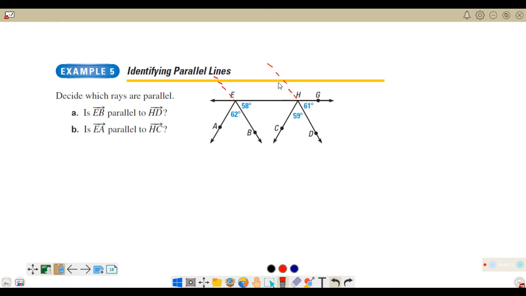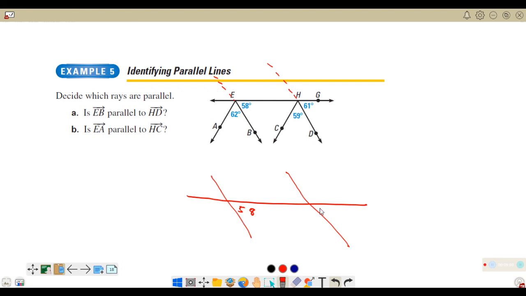Meron tayong 61 for the... Sulat ko siyang ganito ha, para hindi ako nalilito. So, meron tayo ditong 58. Okay.